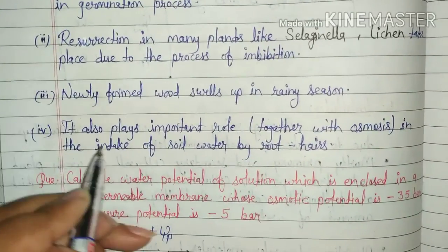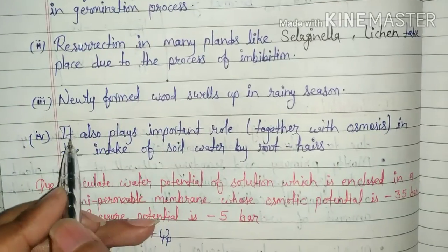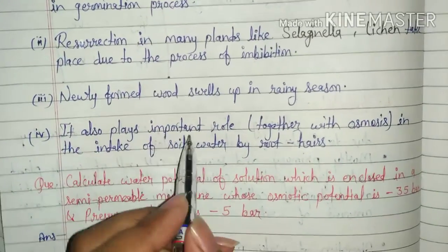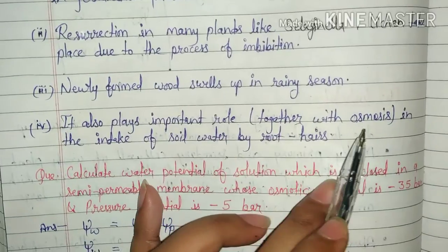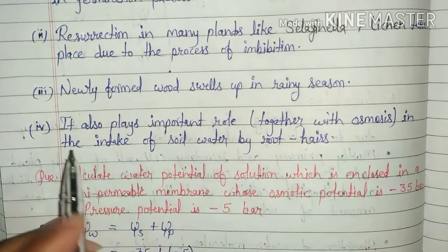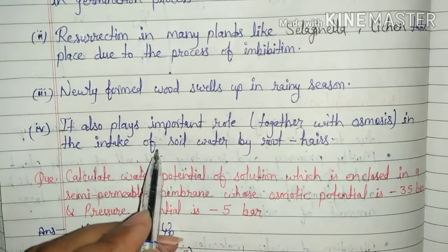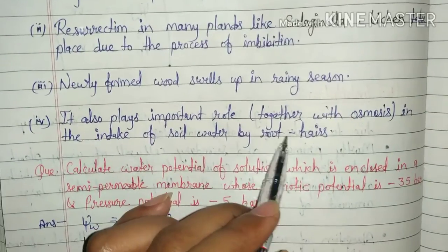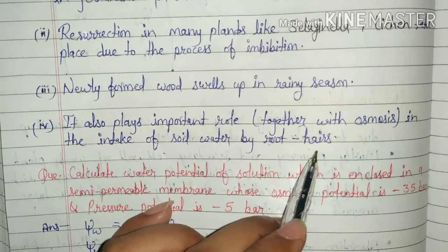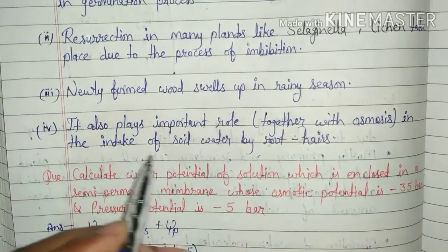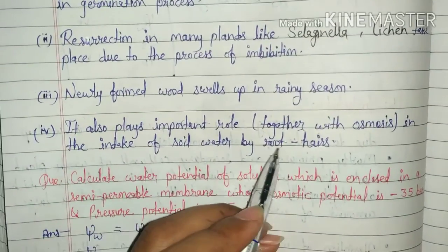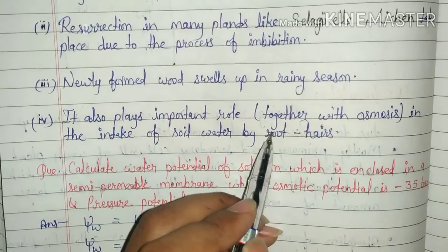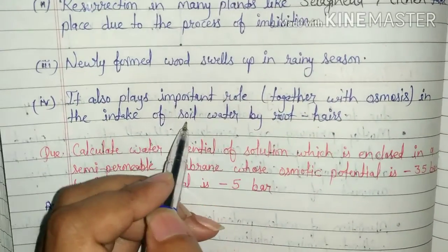Next importance, imbibition also plays an important role together with the osmosis process in the intake of soil water by root hairs. Root hairs absorb the water from soil by the imbibition process.